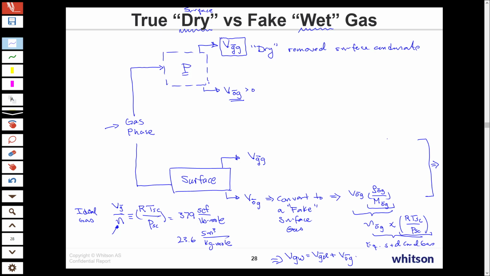Pretty sure it's COG. Conversion from O to G, from a surface oil to a surface gas. And so that wet gas concept, this is what we're going to call wet gas. It's a surface wet gas. Okay?